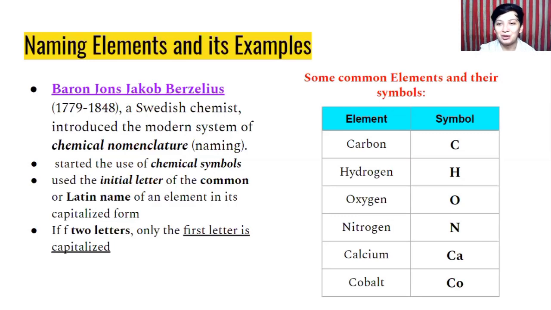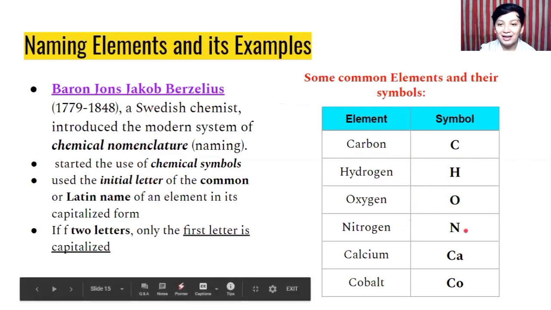So here are some examples. We have the element carbon. The symbol for it is C. Hydrogen, H. Oxygen, O. Nitrogen, N. Calcium, Ca. And cobalt, Co. See, we have two letters here, meaning the first letter is capitalized and the second letter is not.